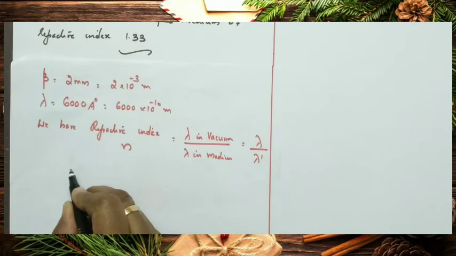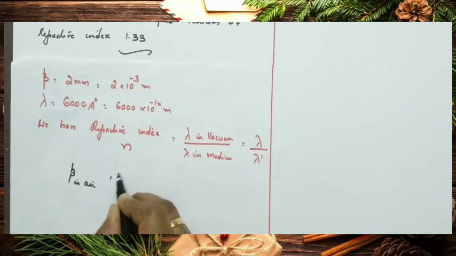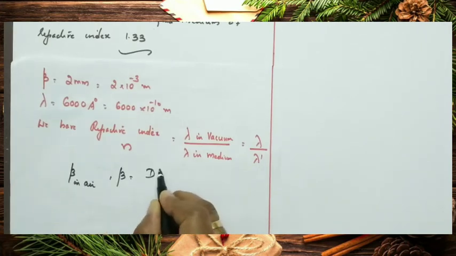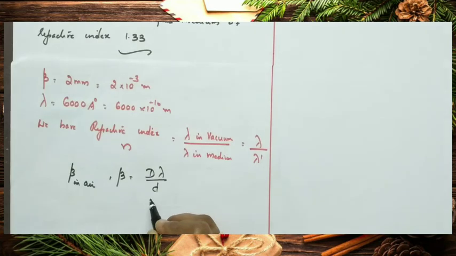Now, the fringe width in air is given by the formula beta equal to D lambda divided by d. In the medium, let the fringe width be beta dash.